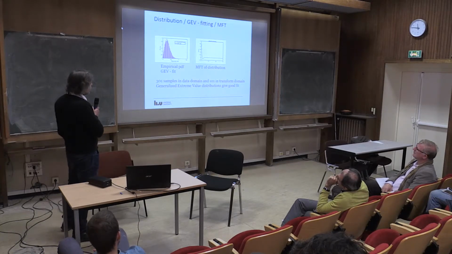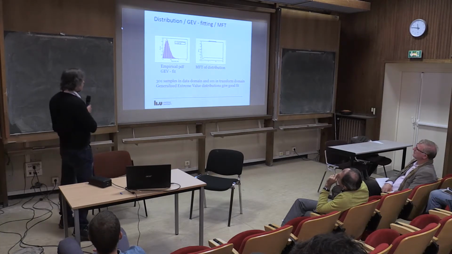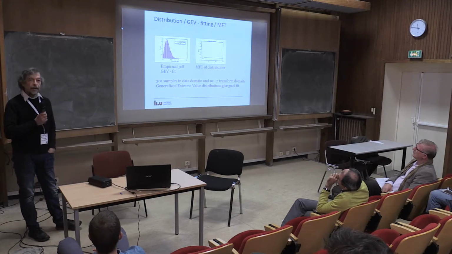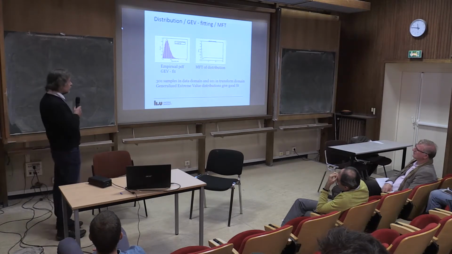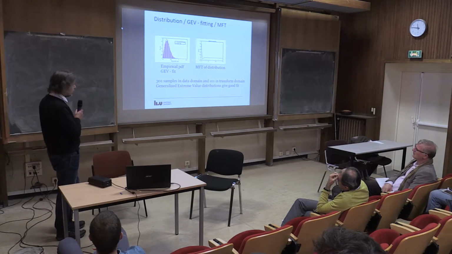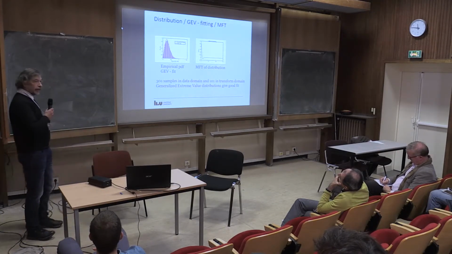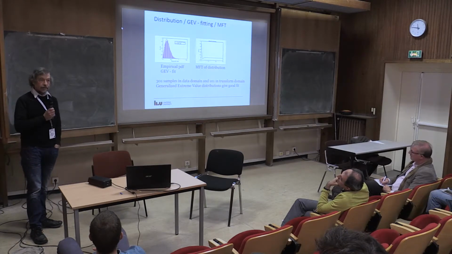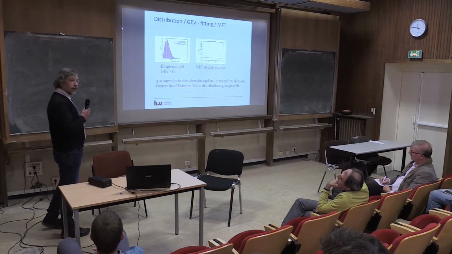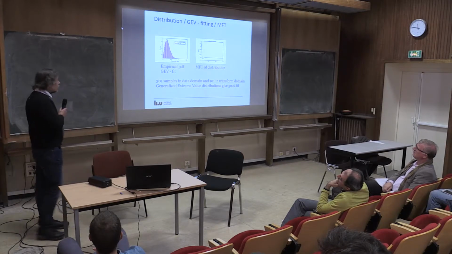Previously, when I looked at image statistics of this type of data, I found that very often the generalized extreme value distribution gives very good fits for this type of magnitude data. And that's the same thing that I found here too.